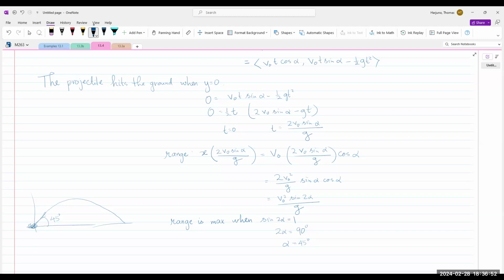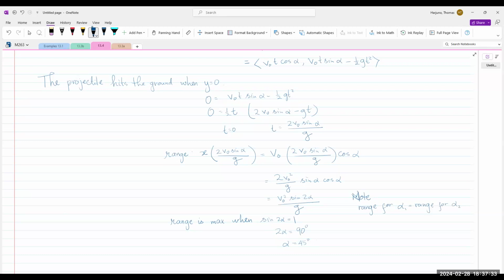Another thing. Notice that the range here will be the same if you throw it at angles that are complementary to each other. Note, the range for alpha 1 equals the range for alpha 2.